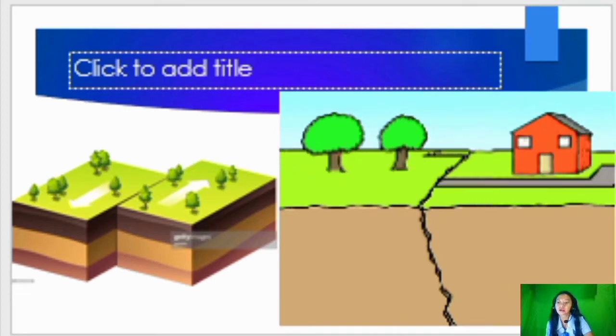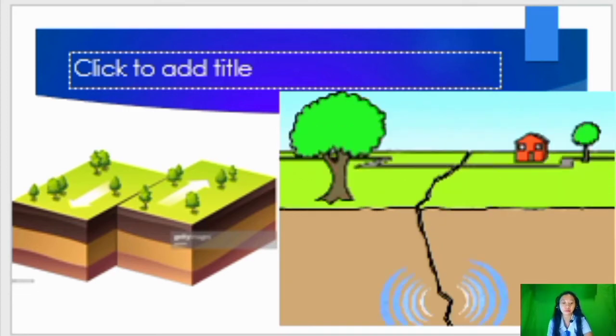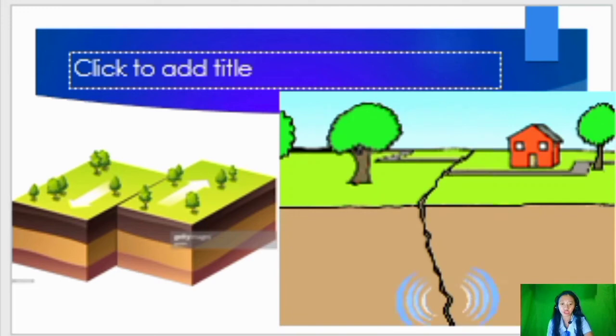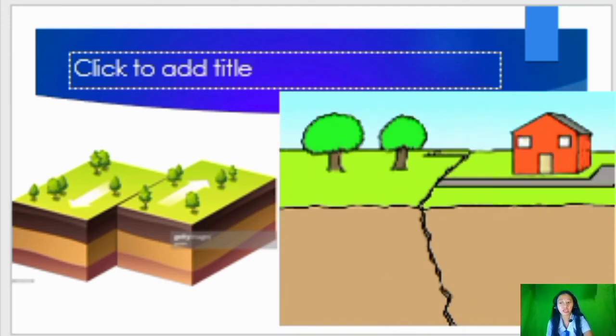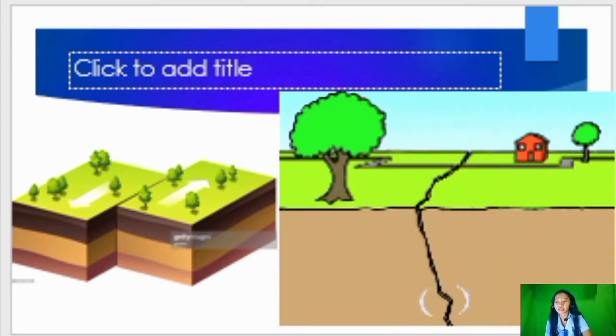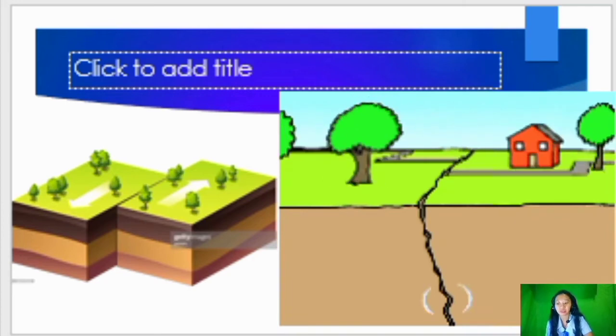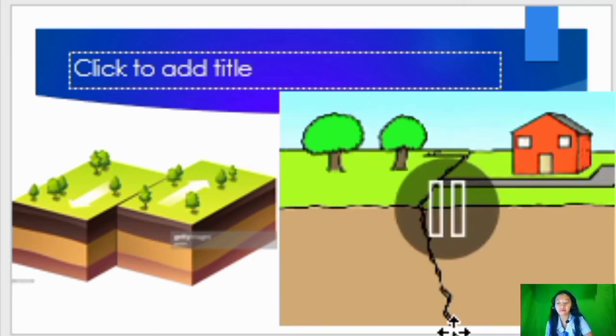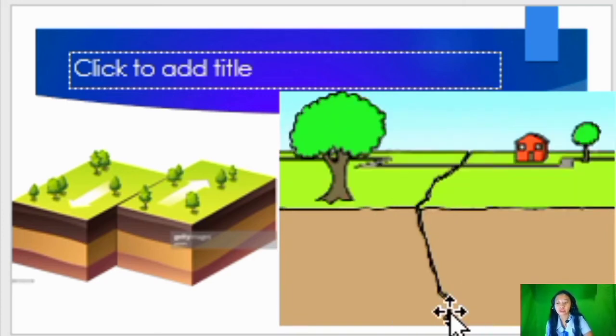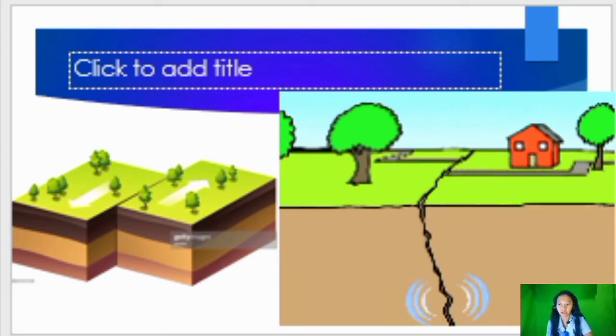So this kind of plate boundary is very dangerous as well, as it can swallow humans, cars, and other properties we have. Since it has a fault at the center, this could cause a very dangerous kind of earthquake.